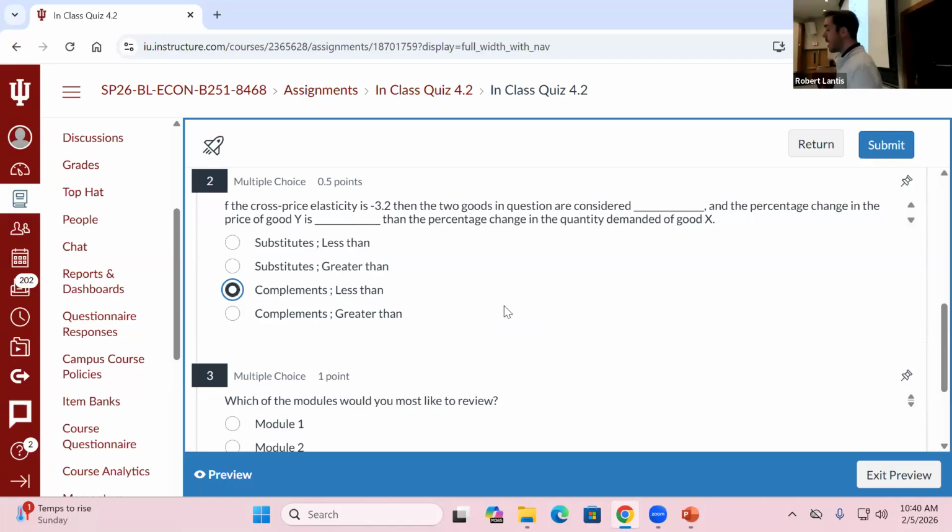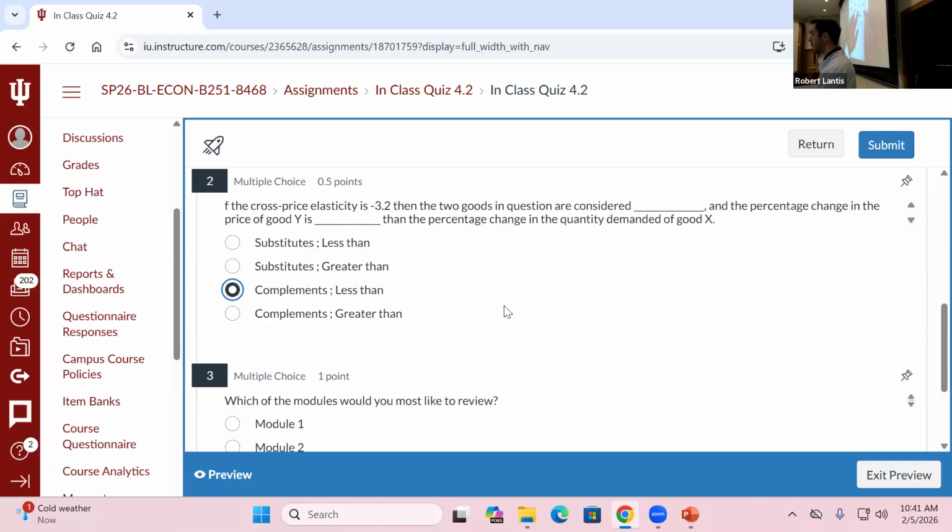Okay. Now, the second part of the question, if this fraction in absolute value is greater than 1, right? So in absolute value, this was 3.2. What has to be true about my percentage change in the quantity of good X relative to that percentage change in the price of good Y if this fraction is above 1?